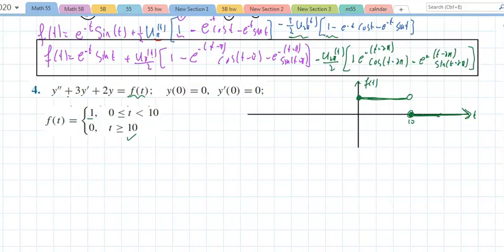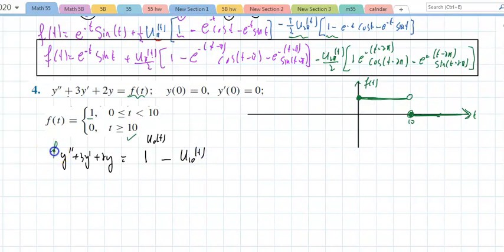Well, if I write this, this says y double prime plus 3y prime plus 2y equal f of t. I know the system turns on at 0. Well, 1 times u0 of t, remember e to the 0 is 1. That's why they write a 1. And it shuts down at u10 of t. And we apply the same idea.